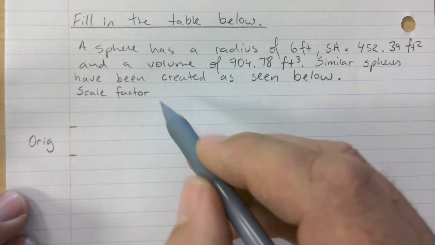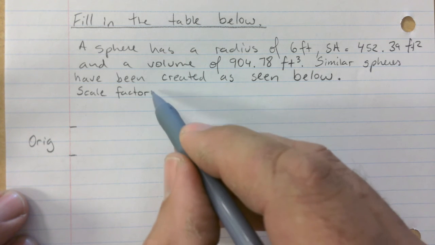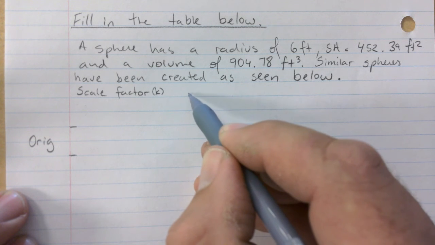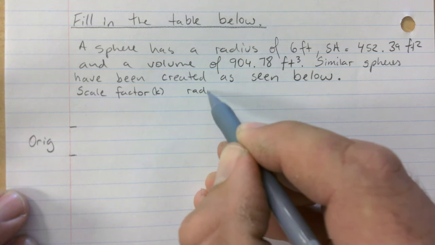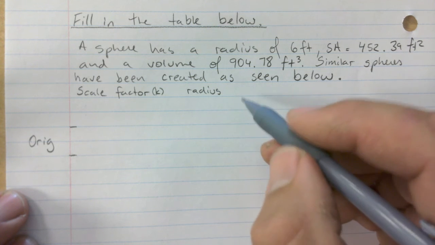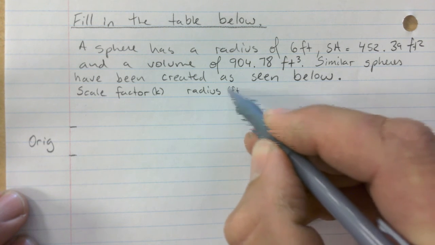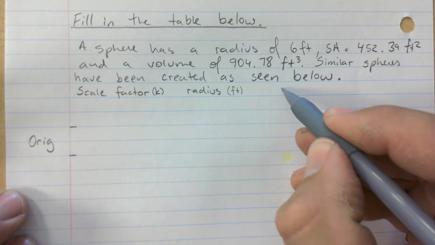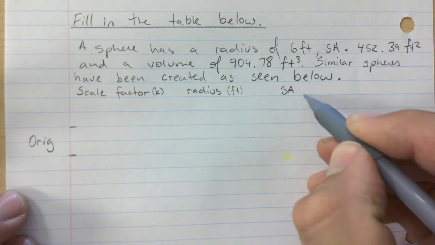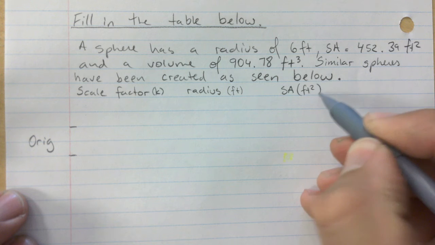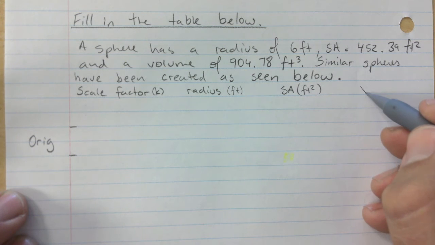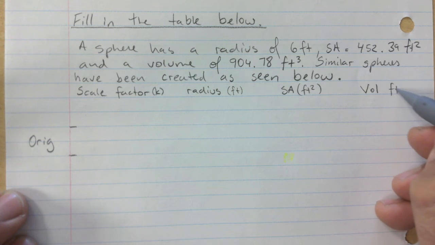Scale factor, K, radius in feet, surface area in square feet, volume in cubic feet.